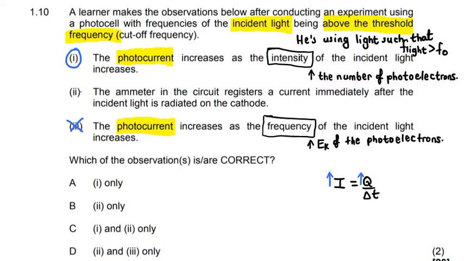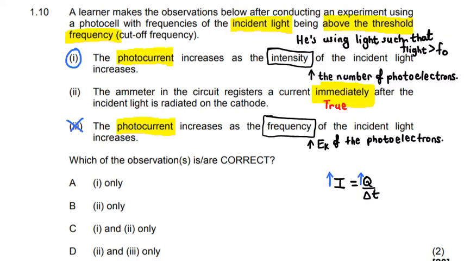Now the last thing to check is how valid is this statement. Statement number 2 says that the ammeter registers a current immediately after the incident light is radiated on the cathode. The key word here is immediately, and this comes from history. This is true, because previously people used to think that there would be some sort of time delay in terms of how long it would take for the electrons to be emitted, and unfortunately Albert Einstein proved that to be false.